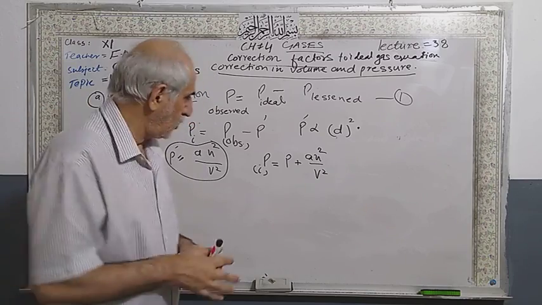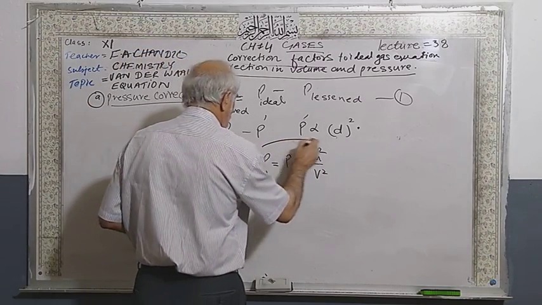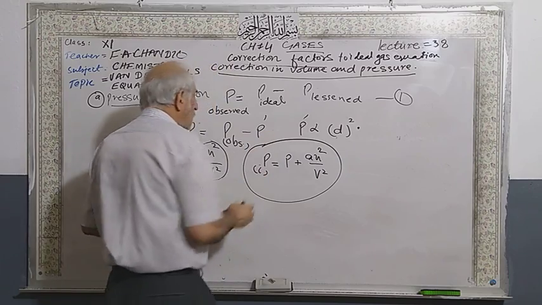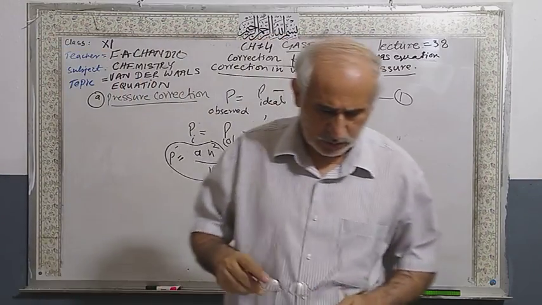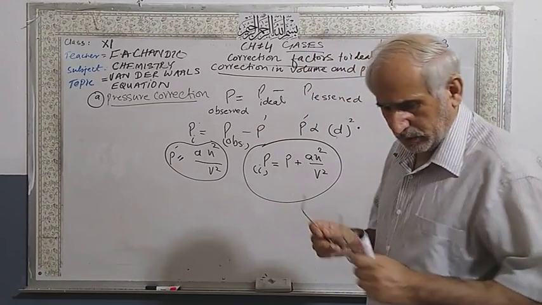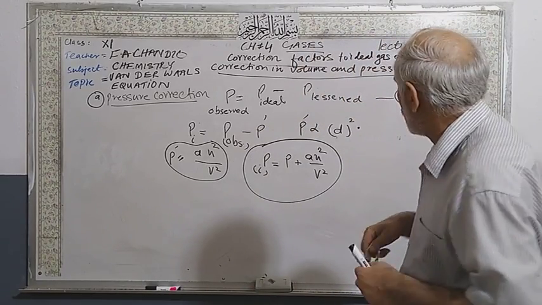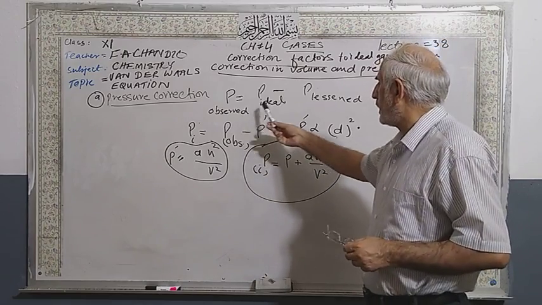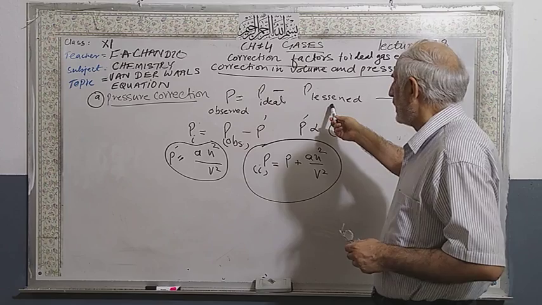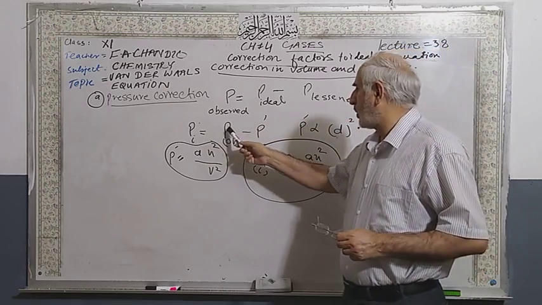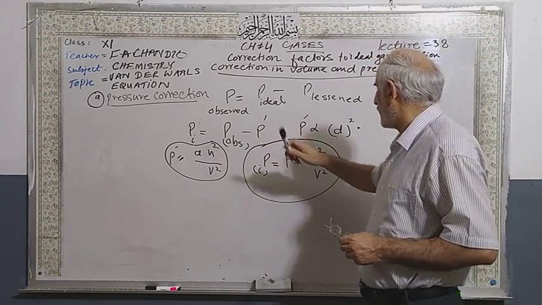Now we have another equation. This is the P observed, this is the pressure ideal, and this is the P lessened. So P ideal is equal to P observed plus P dash.